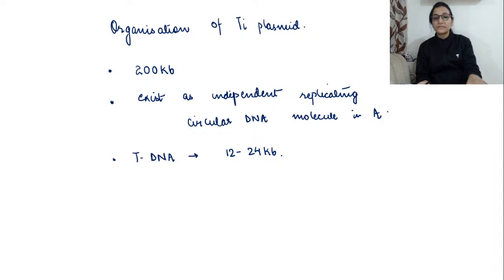Now, the Nopaline strain of Ti plasmid has one tDNA of 20 kb, while the Octopine strain has two tDNA regions, TL and TR, which are respectively 14 and 7.1 kb in length, right? So it is variable in different strains.